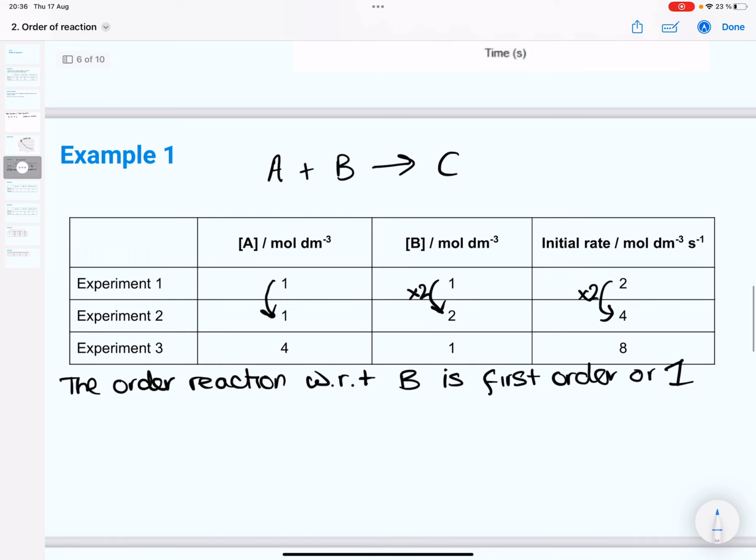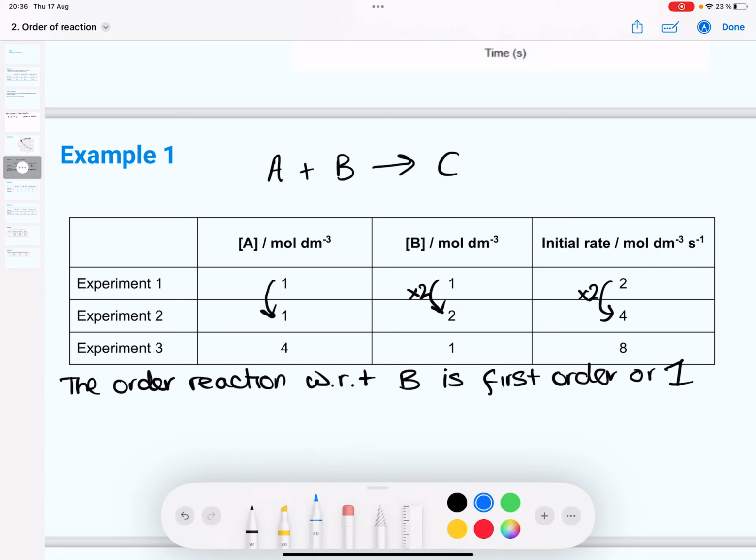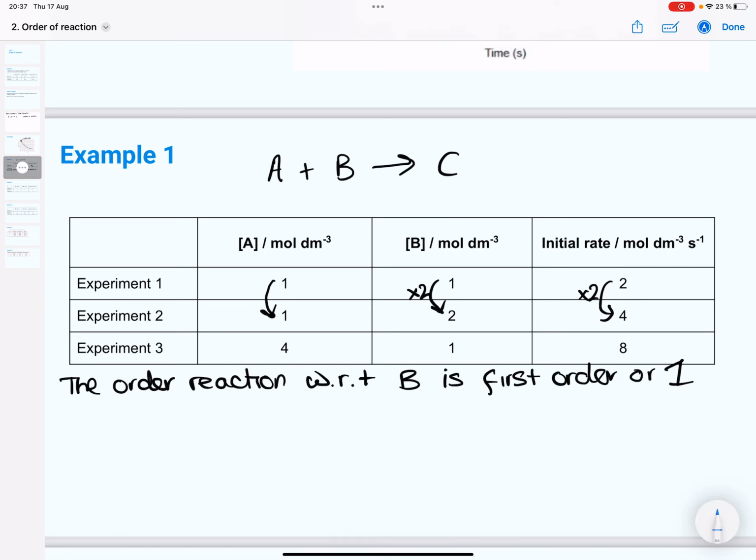So what about A? Let's compare experiment 1 and 3.